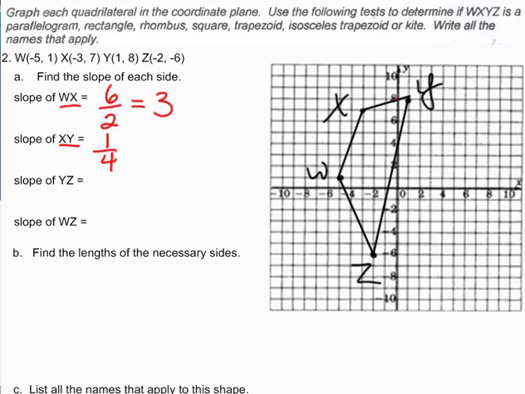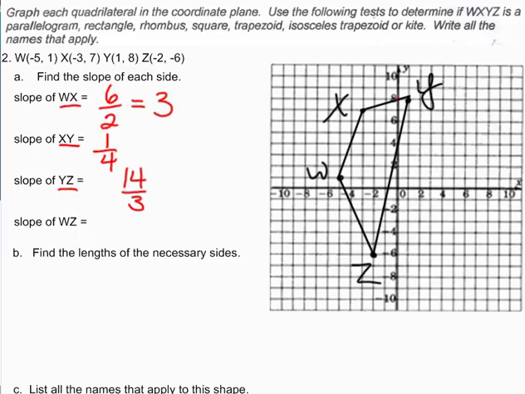All right, so ZY, or YZ. Okay, I'm going to count the rise. 1, 2, 3, 4, 5, 6, 7, 8, 9, 10, 11, 12, 13, 14, over 1, 2, 3. 14 over 3.